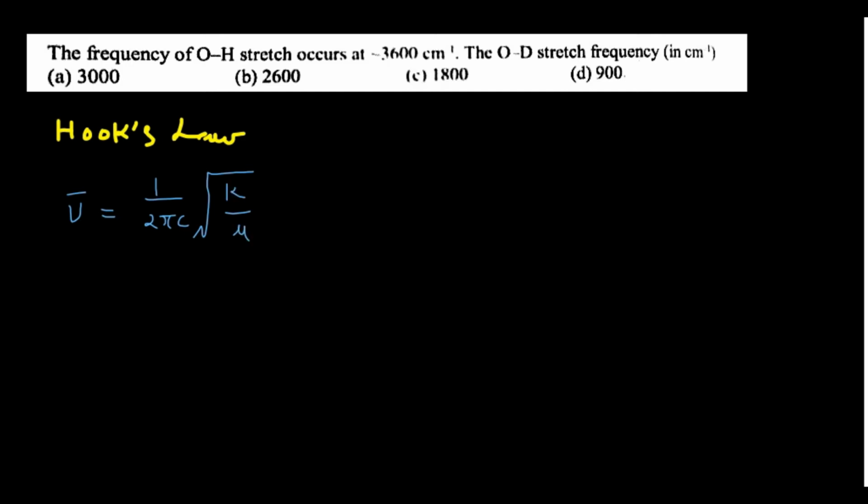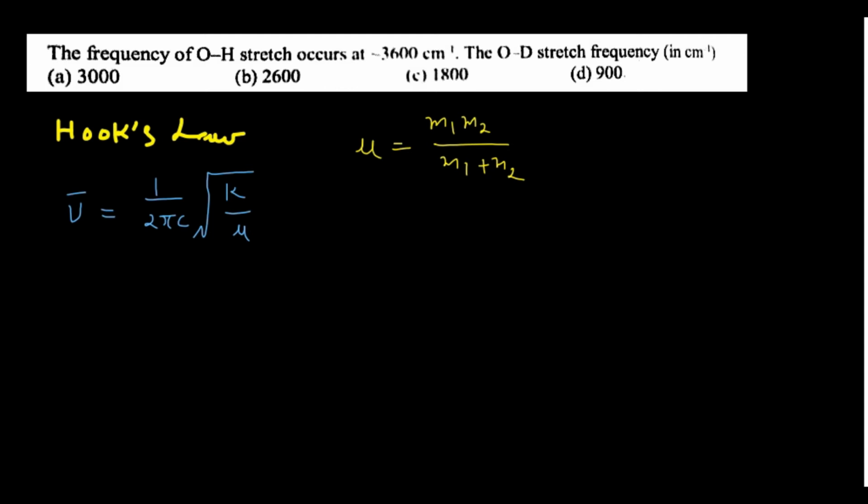So for the reduced mass you have the formula mu equals m1 into m2 divided by m1 plus m2. That means if you have a diatomic species, you will multiply the atomic weights of both the atoms, then add and divide, and you will get the value of mu, right?